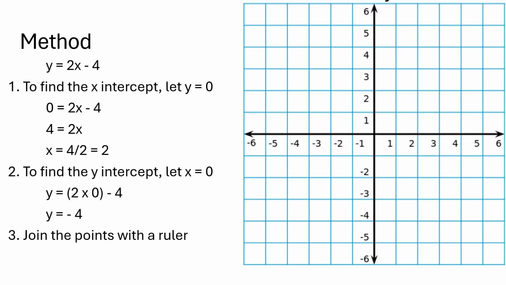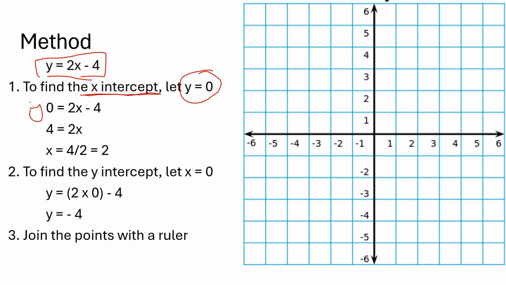So if we are given an equation here and we want to graph it using this method, first of all, we want to find where it crosses the x. So we let y equals 0. We substitute that into our equation. So where we had y, now we have a 0.